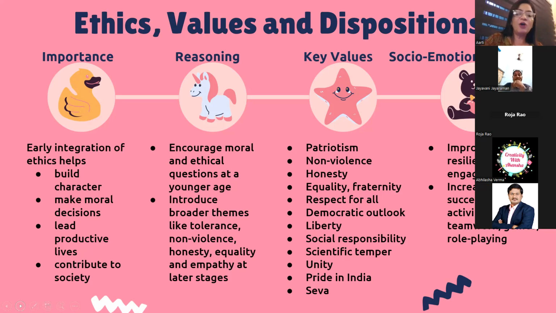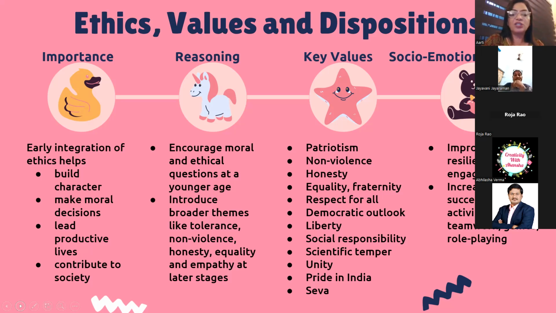Now, talking about values, there are traditional values and constitutional values. Among traditional values, there are concepts like seva, that is selfless service; ahimsa, that is non-violence; swachhta, that is cleanliness; and satya, that is truthfulness, which are rooted in Indian philosophy.